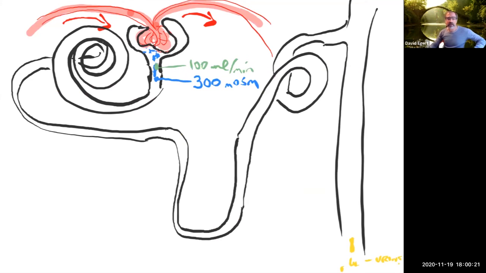The nephron. All right. So we have our nephron here, this big kidney tubule. It's got all these different sections. We have talked about this first part, the Bowman's capsule and filtration, in depth.